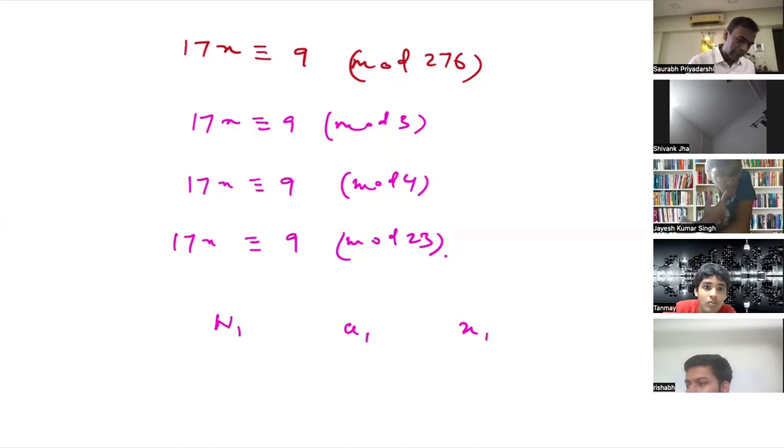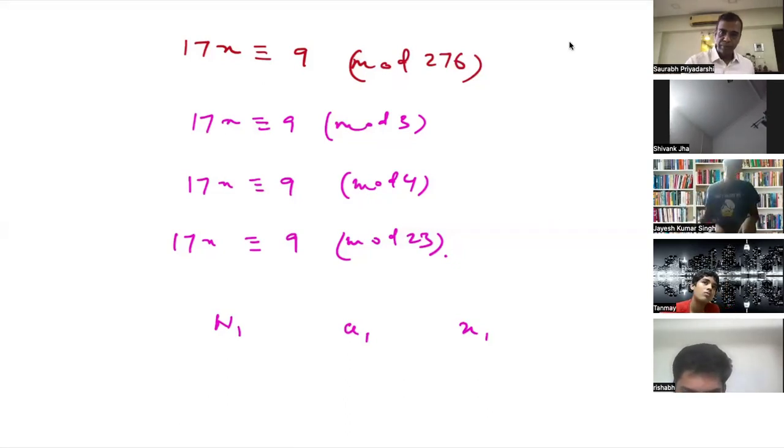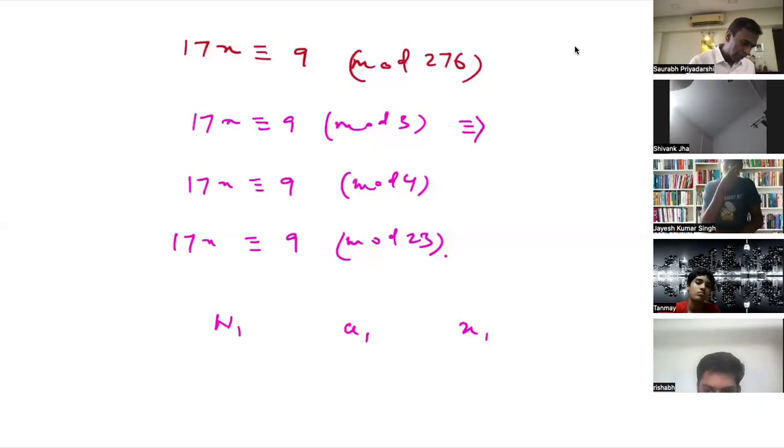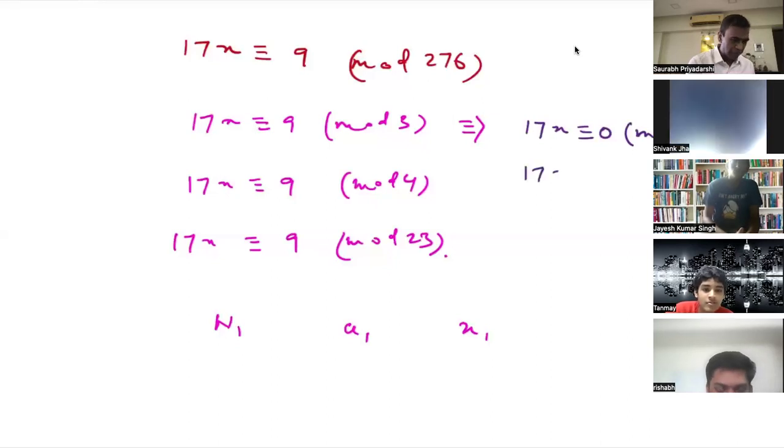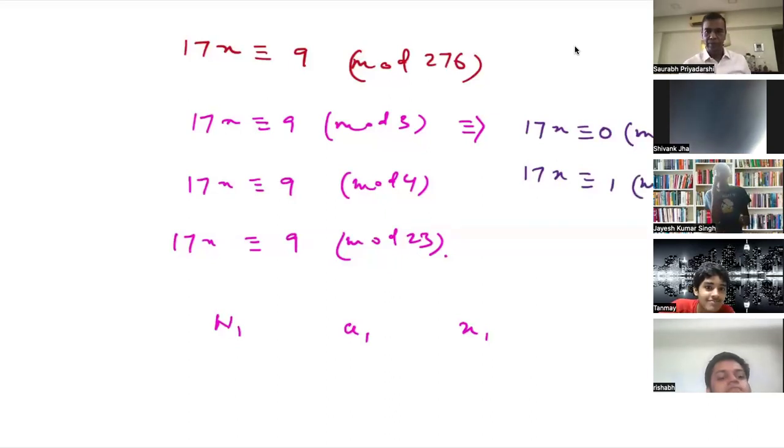First one, what I can write is 17x congruent to 0 mod 3, right? 17x congruent to 1 mod 4, 17x congruent to, इसमें तो कोई उपाय नहीं, 9 ही रहने हैं, 9 mod 23, right?